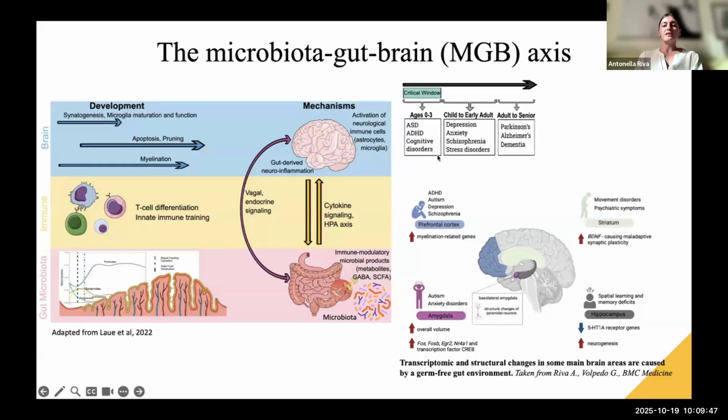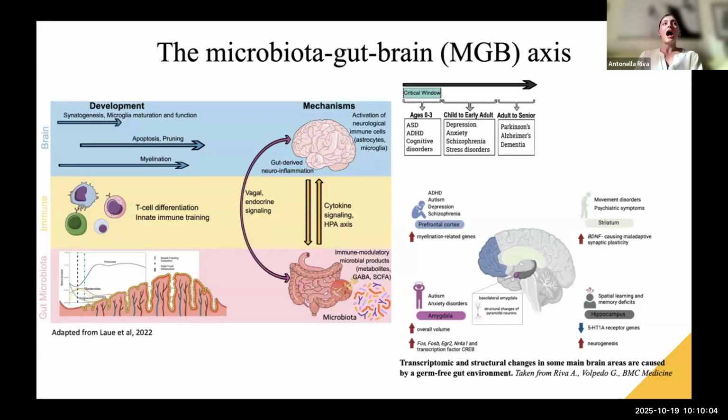But we also know that this window is particularly important for neurodevelopment. This is a period when dendritic arborization and synapse formation are still going on in the baby.